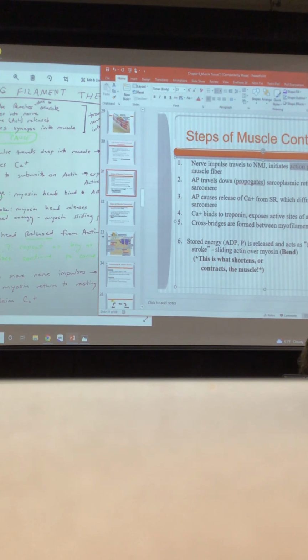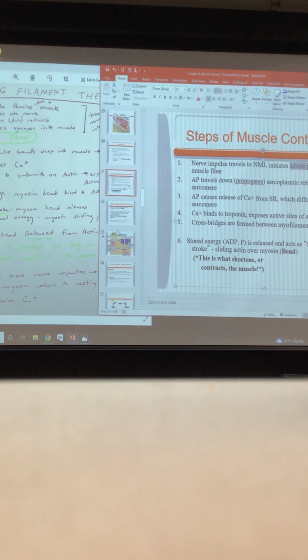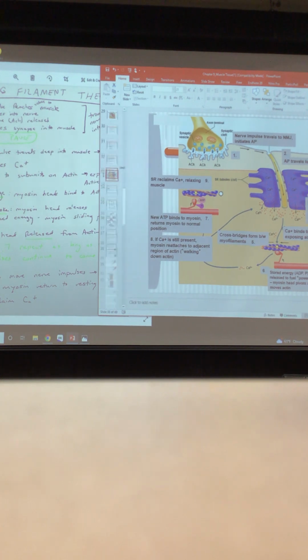So when you see the phrase action potential, it's the same thing as nerve impulse. Once the nerve impulse gets into the muscle, that action potential travels deep into the muscle.